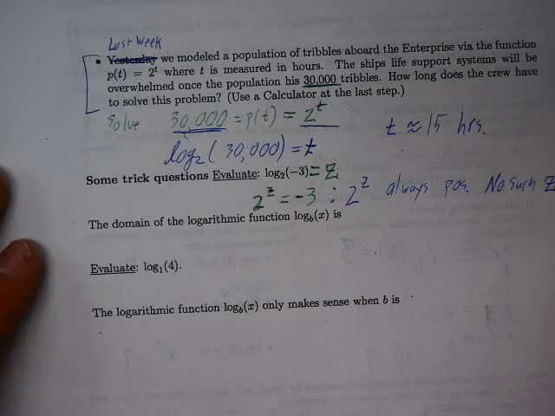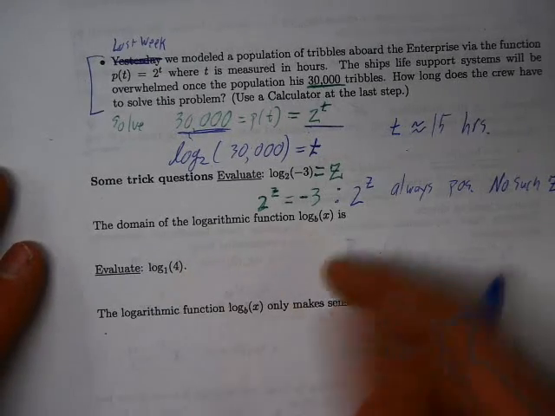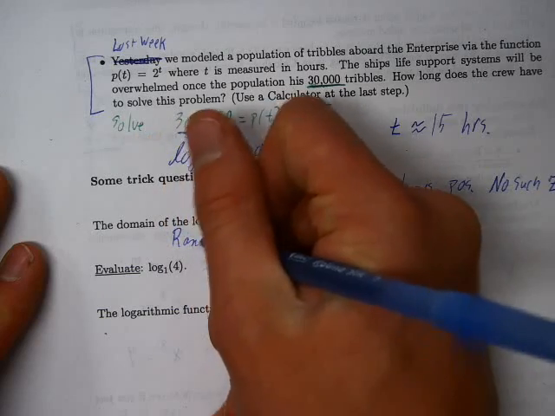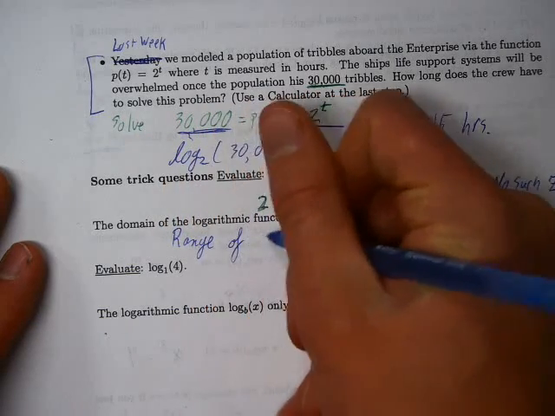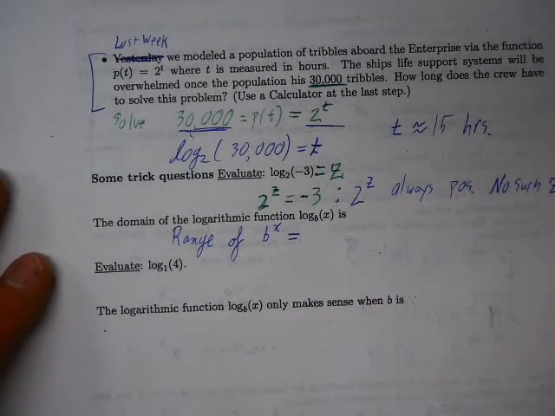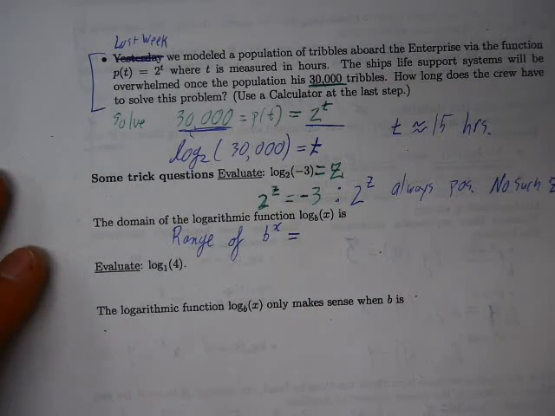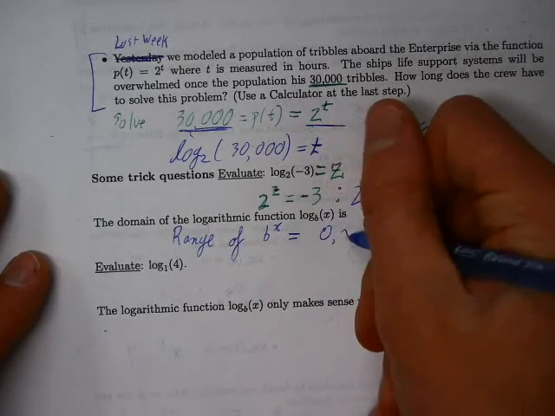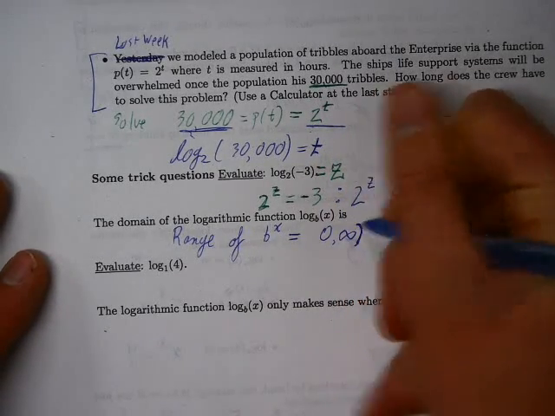Yeah, it's flipped. It'll be the range of the inverse function. So the domain of log base b of x is the same as the range of b to the x. And what's the range of b to the x? 0 to infinity. Infinity is never included. Is 0 included in the range of b to the x?